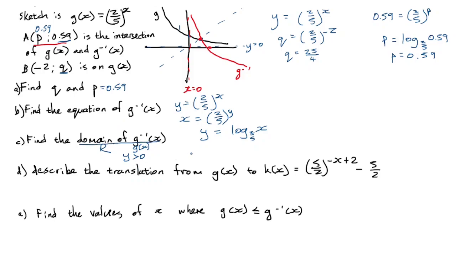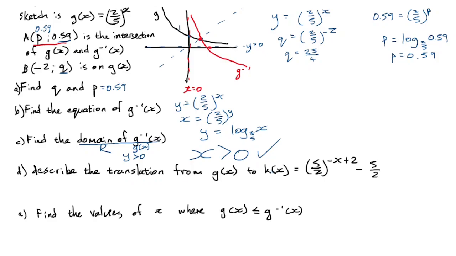It will just be x is bigger than 0. So that's a cool trick with domain and range, but you can watch the other video I made of that. Visually, if you want to understand what the domain of the inverse is, it's the red graph, and the domain is the x value. So you can see the graph is always to the right of 0, but never equal to 0. So that's how we got that.